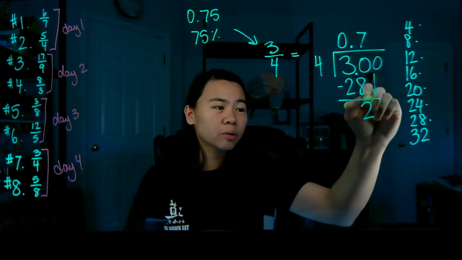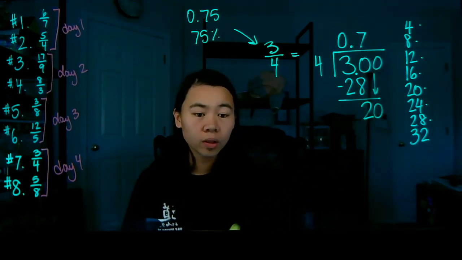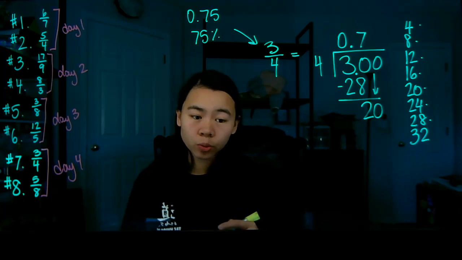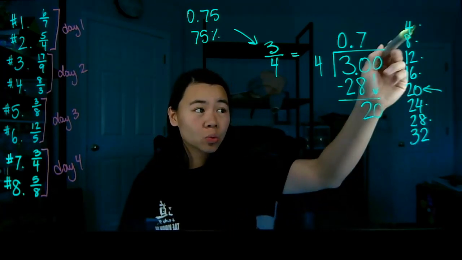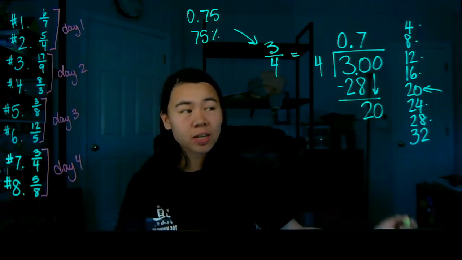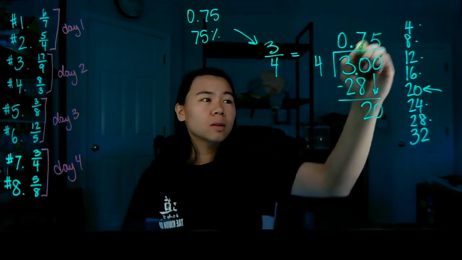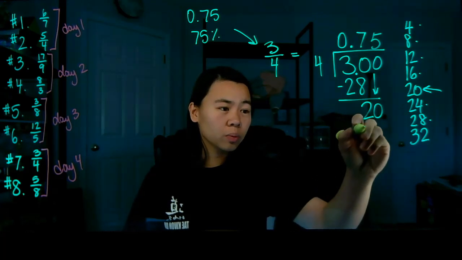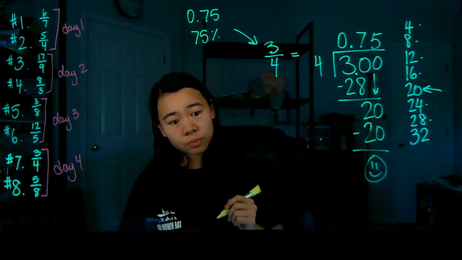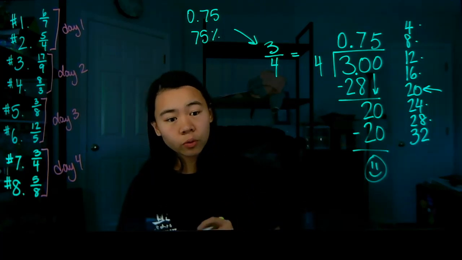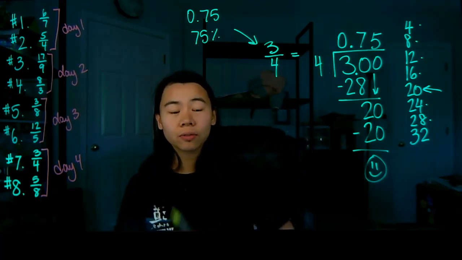We bring down another one of our zeros. 20. How many times can 4 go into 20? Exactly 5 times. And when it's exact like that, when we subtract, we get 0, and that means we're done with our long division. So 3/4 is 0.75.